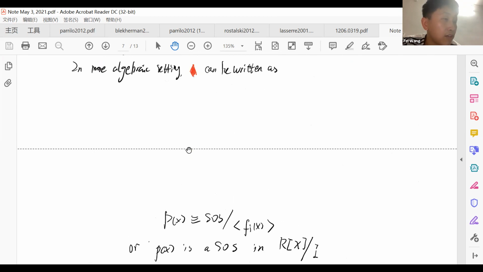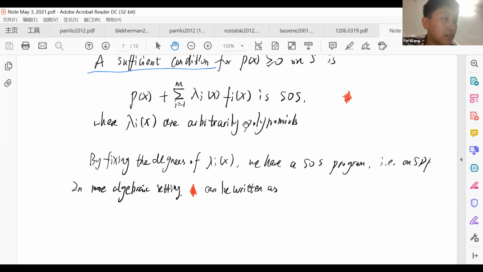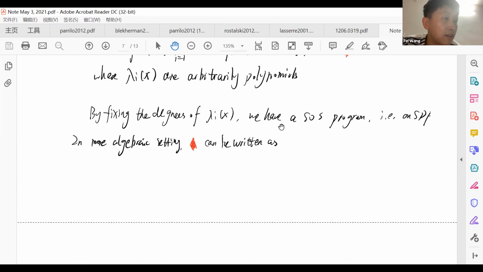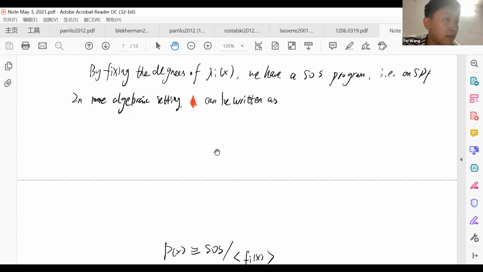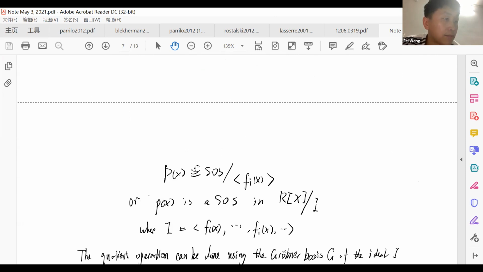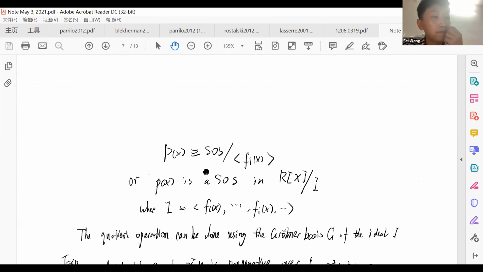In a more algebraic setting, this sufficient condition can be written as a sum of squares over a quotient ring.